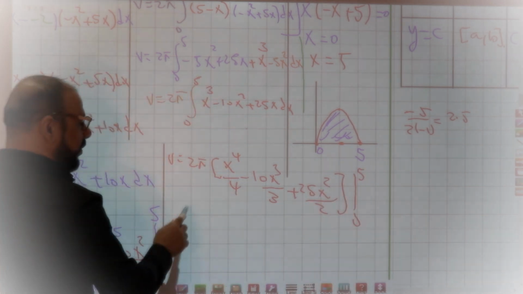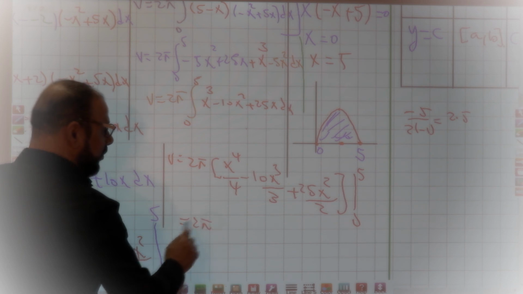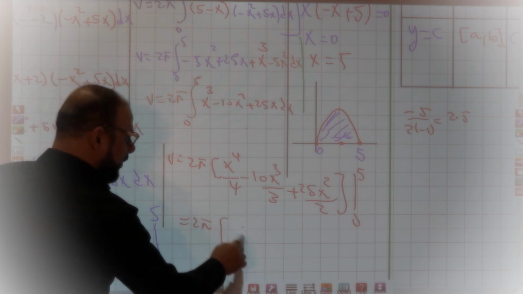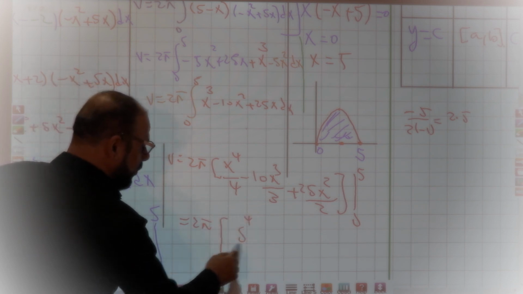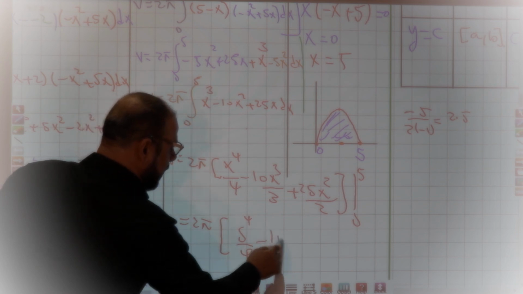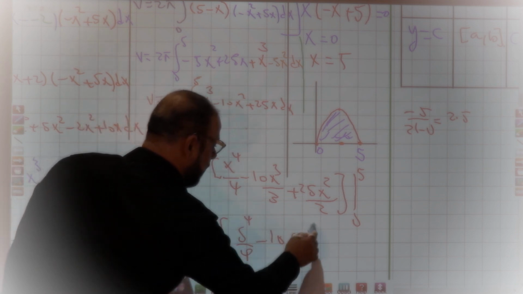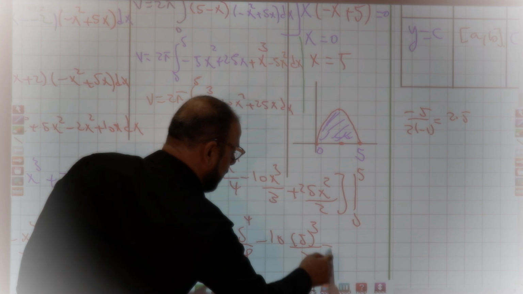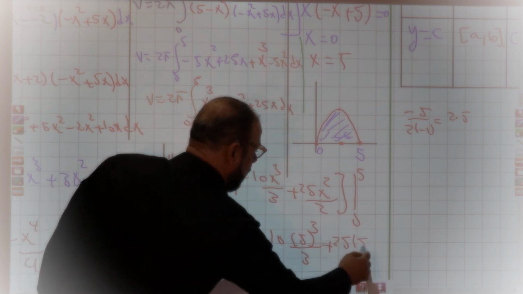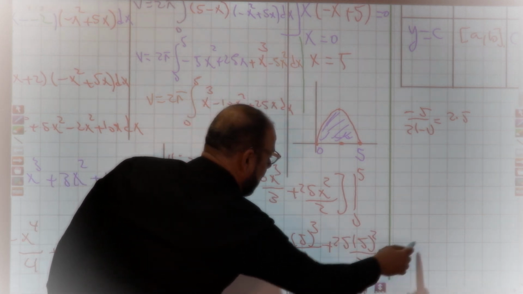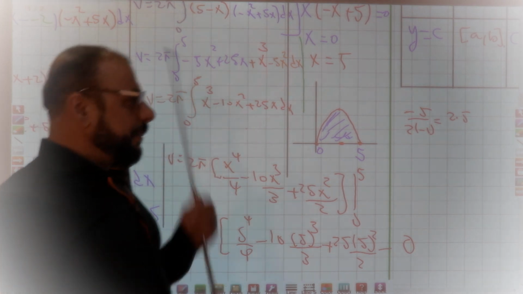The 5, the same thing, 2 pi. You're gonna finish it by yourself, guys. I'm gonna start: 5 to the 4 over 4, 10 times 5 cubed over 3, 25 times 5 squared over 2, minus. Good job? Okay.